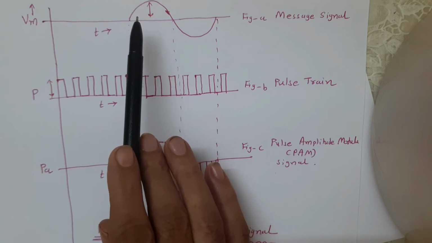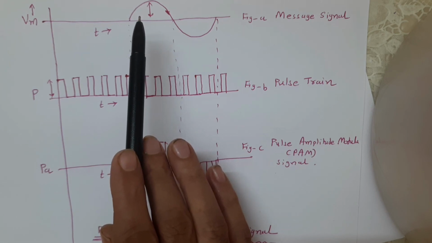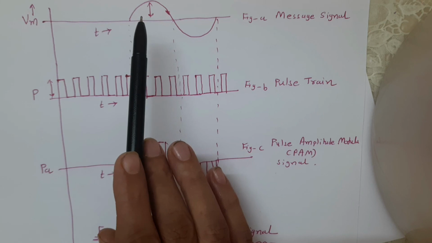It can be shown that the spectrum of the PAM signal is a sinc function present at all the frequencies. Of course, its significant spectral amplitude value will be in the low frequency range and tapers off as we move towards the high frequency range.